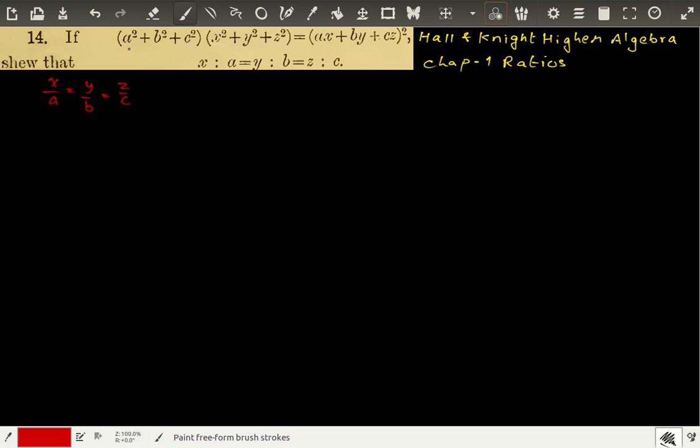That is, we want to consider this here. We simply multiply this. So if you multiply this, what we get is a² times x².